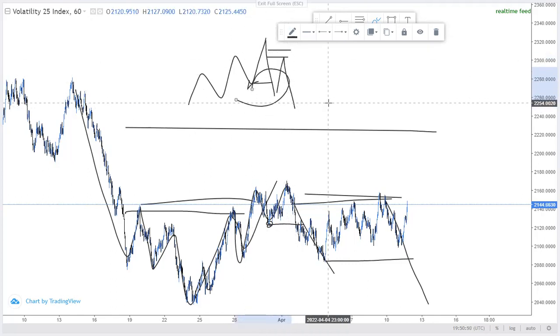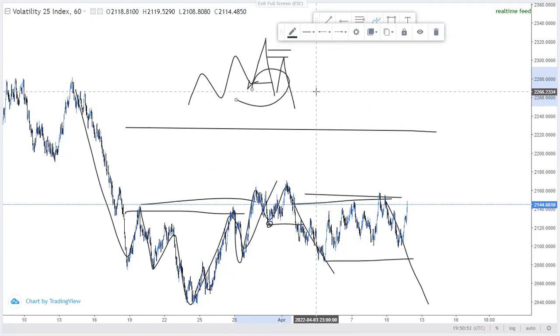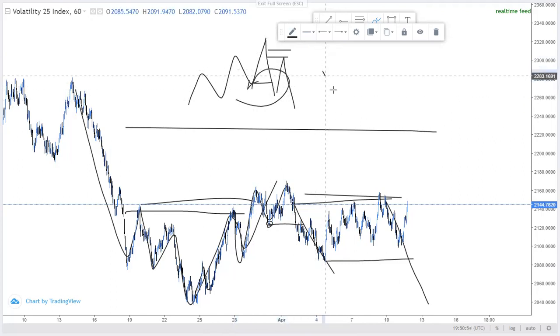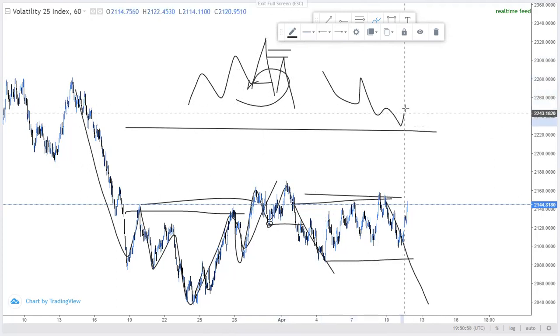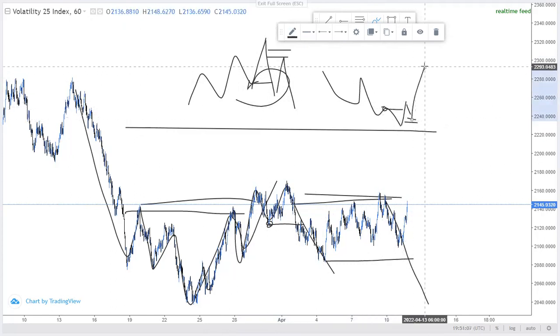The same thing happens when it's for a buy. So if price has been going down like this, and then it goes up to break a previous low, then it has to come down into an order block again and continue going up.